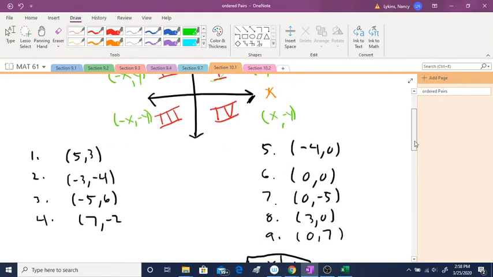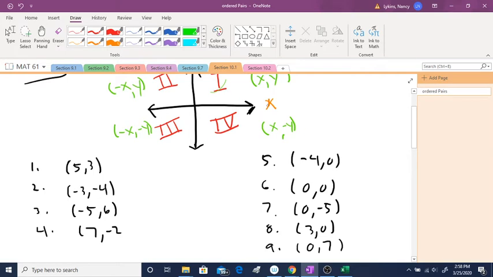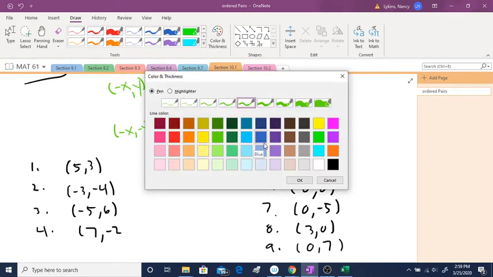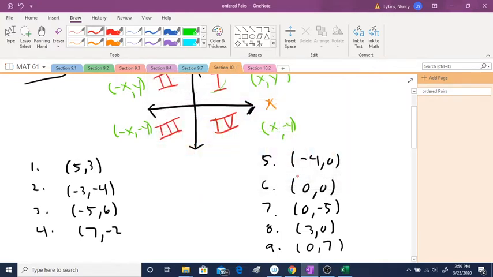So what I want us to do with these next 9 little problems that are relating to ordered pairs is I want you all to label them. Are they in one of these quadrants? Let's take a look at (5, 3).